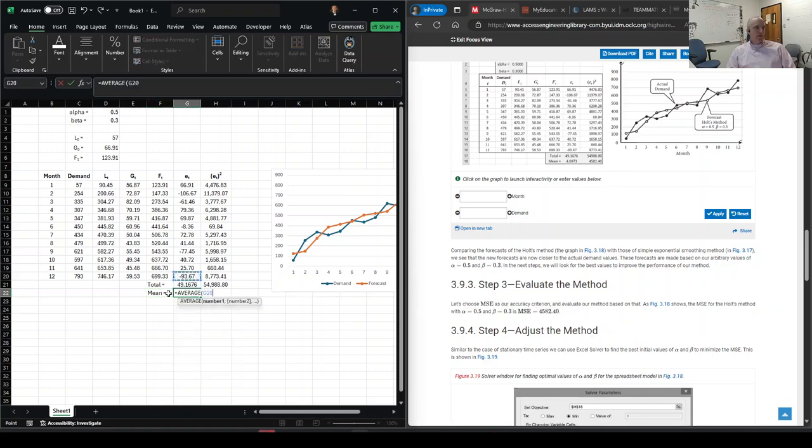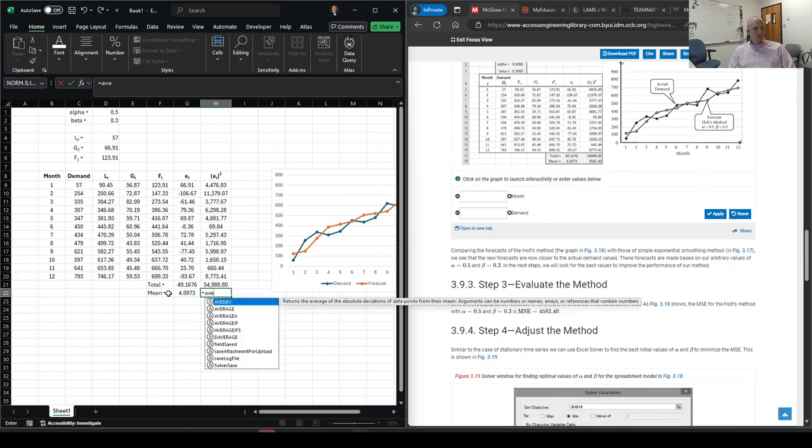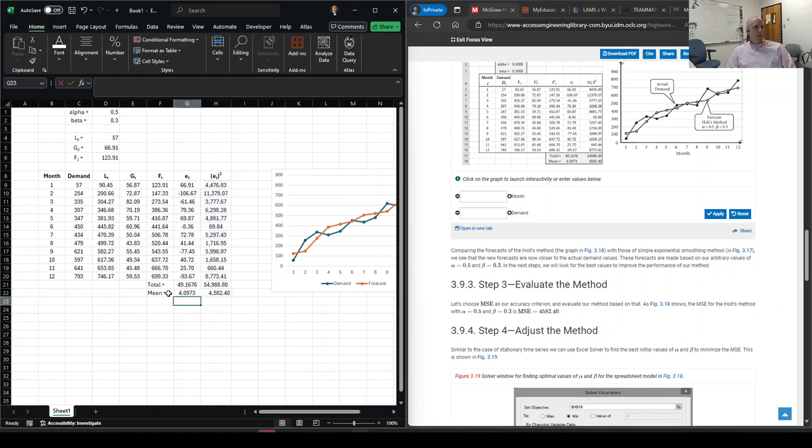We're going to take the average. The average is 4.10. Or if we want to do some more decimals, carry that out to the book, we could also do that. And then what is the average of the squared error?